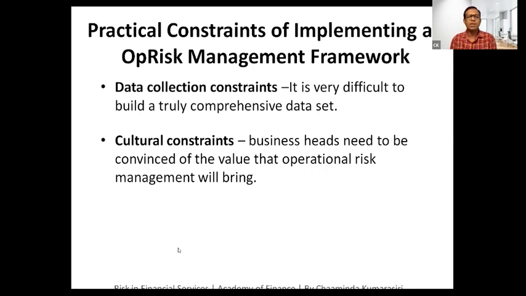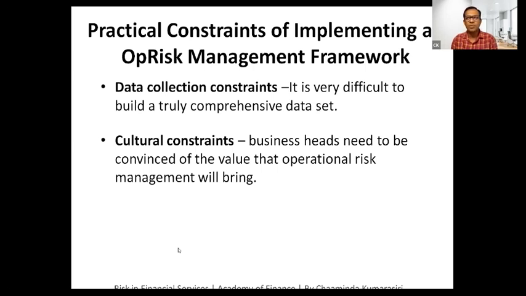It obstructs the business. As a result, business managers who do not believe in the value of managing operational risk will not support carrying this out. They sometimes do not even report the risk. They don't capture risk. So when they don't support the process, it is difficult to get the real picture.